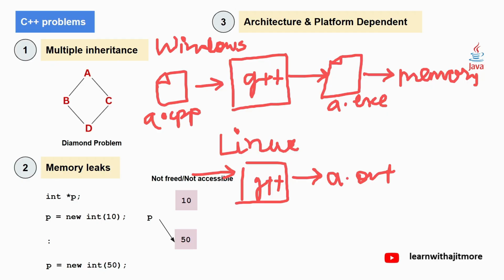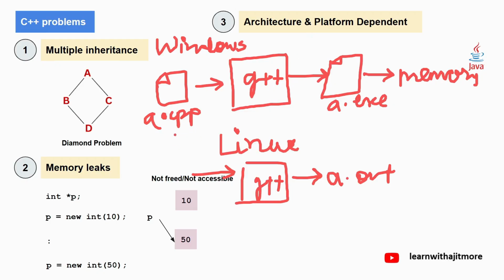On any Linux system, if you take this executable, it will run. But you cannot do it across platforms, like taking a Linux executable and running it on Windows, or taking a Windows executable and running it on Linux. It is not possible. Why? Because they are platform dependent as well as architecture dependent.